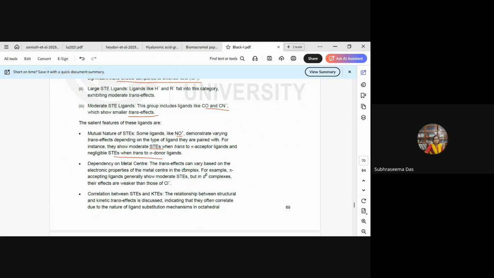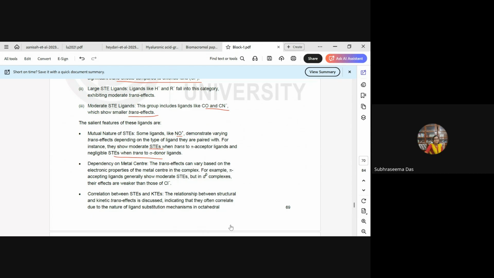Then dependency on the metal center. The trans effects can vary based on the electronic properties of the central metal atom. For example, pi accepting ligands show moderate STE, but in d0 complexes their effects are weaker than those of chloride minus. So here we see the configuration of the d electrons, particularly the metal d orbitals.